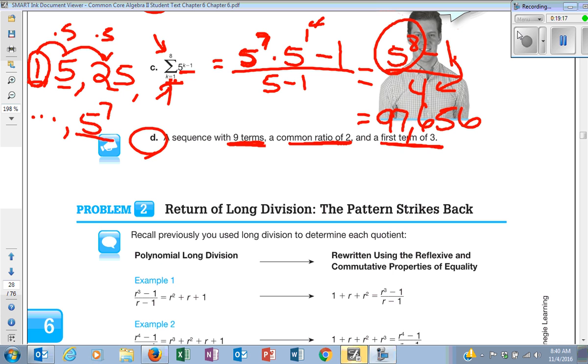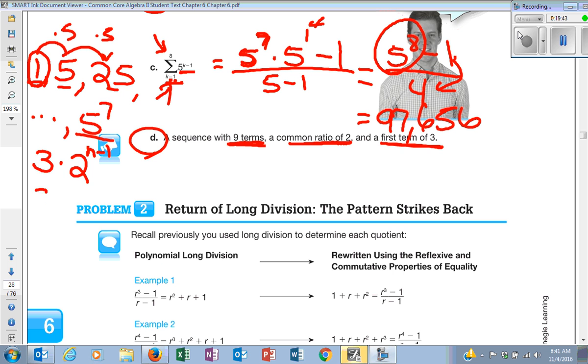So I need that explicit formula from 6.1 for geometric, which says it's the first term, which is 3, times the common ratio, which is 2, to the n minus 1 power. Do you guys remember that? Yes?